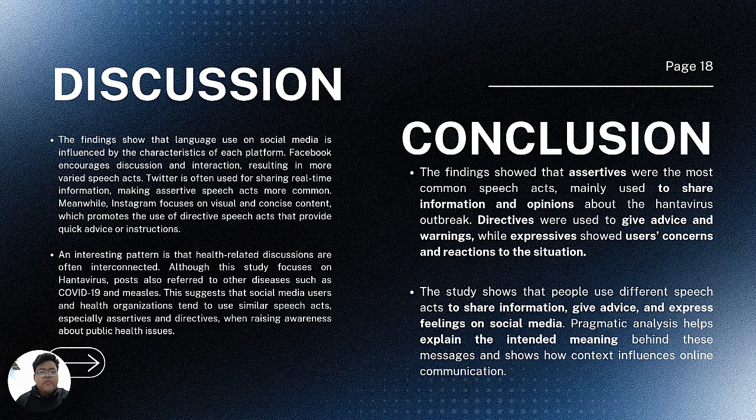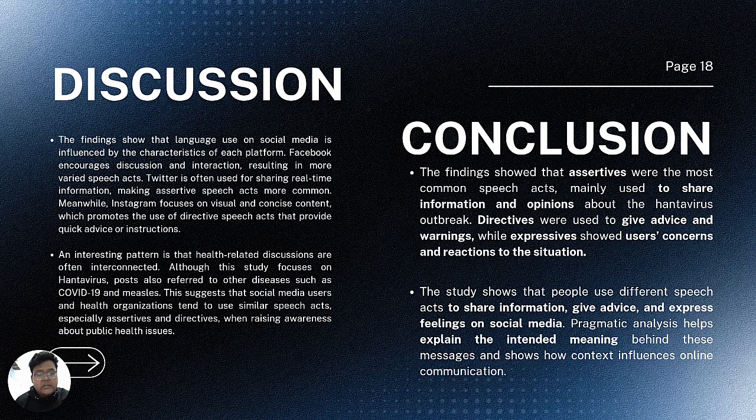If you want to share information or opinions, you will use assertiveness, and directiveness is used to give advice and warnings. This is usually where Instagram comes in, because Instagram usually has tips to avoid this or that.